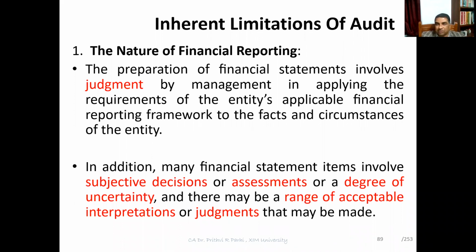These are examples of areas where management exercises its judgment. And when it involves judgment, it is practically very difficult for the auditor to verify the accuracy of that judgment. So all these are areas where the management applies its own judgment in preparing the financial statements.